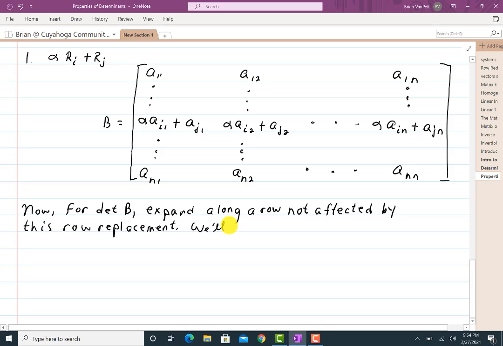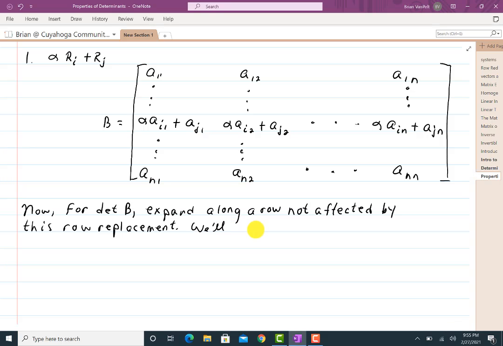However, because I've proven things true for 2 by 2, this matrix is at least 3 by 3. That means I will have a third row to play with where I'm not going to affect the row replacement, and I won't mess around with rows I and J at all.